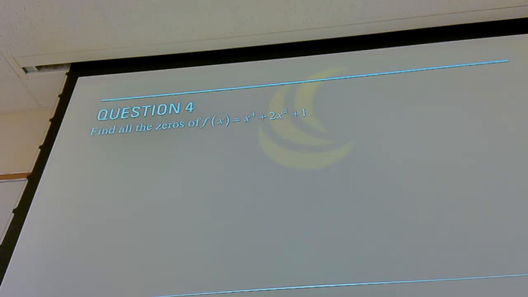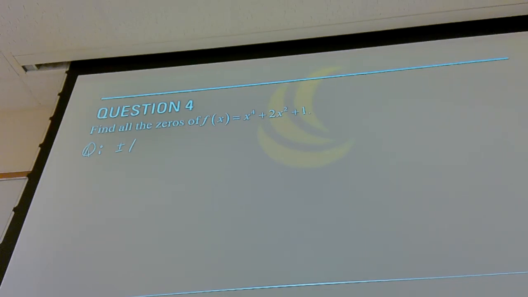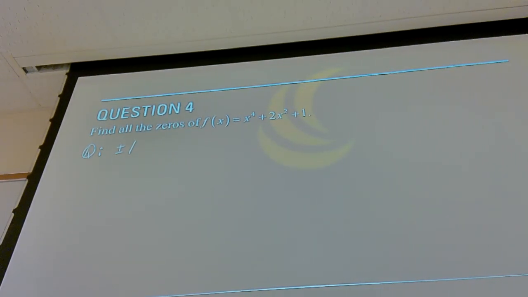Okay, so what are your rational zeros? Makes it easy. Plug them in. Plug in 1, what do you get? What's f of 1? What's f of negative 1? It's also 4. Oh dear. They're not zeros.